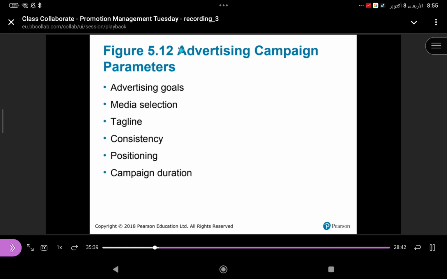If we start with the advertising campaign parameter, what is the main advertising campaign parameter?